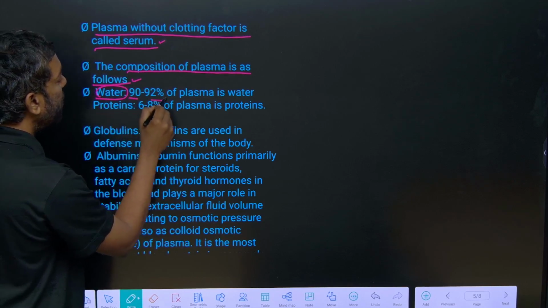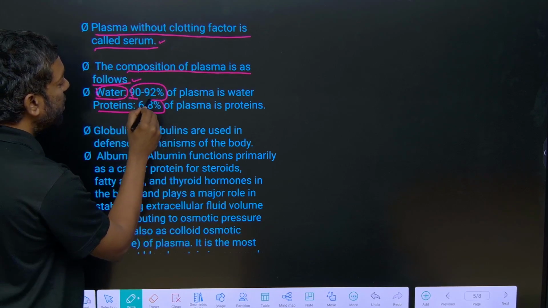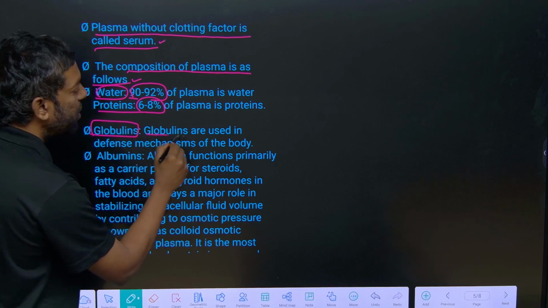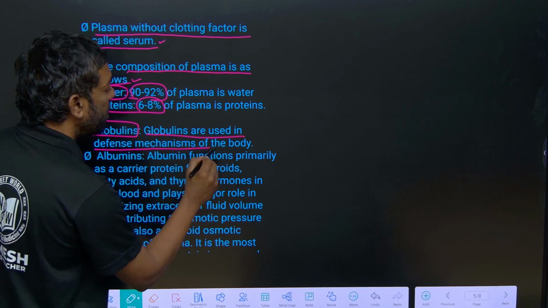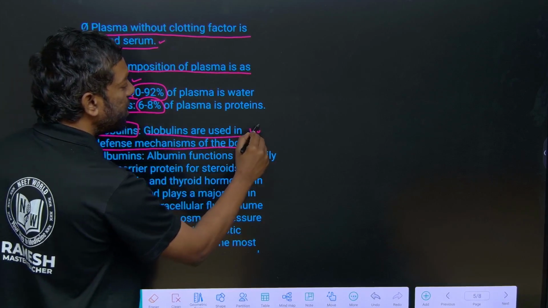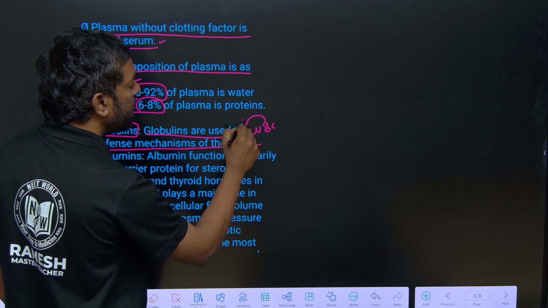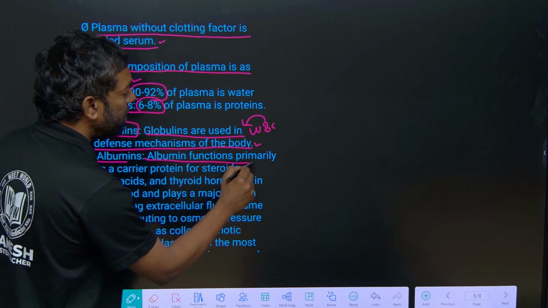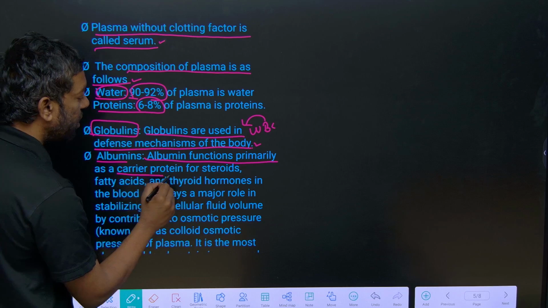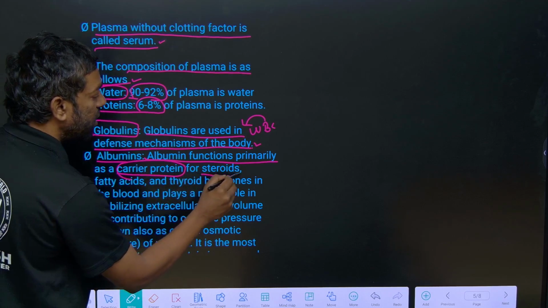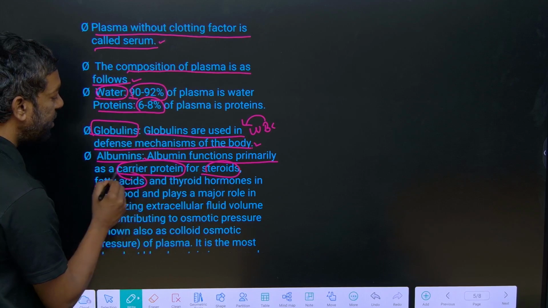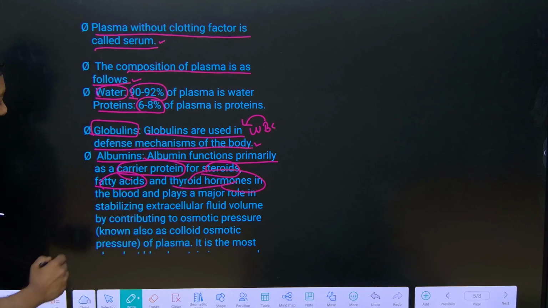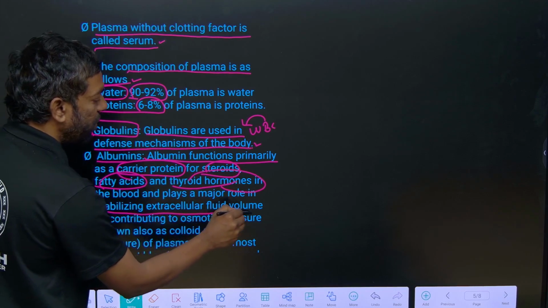Composition of plasma is as follows. Water is 90%, proteins are 6 to 8%. Globulins are proteins used in the defense mechanism of the body, meaning WBCs produce globulins. Albumins are primarily carrier proteins of steroids, acids and thyroid hormones, and they stabilize extracellular fluid volume.